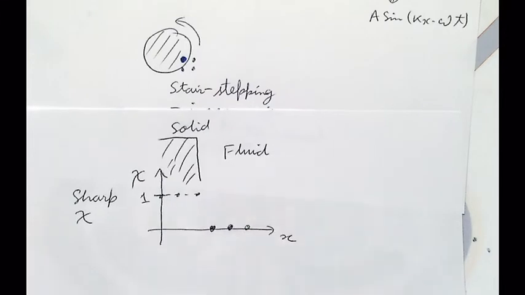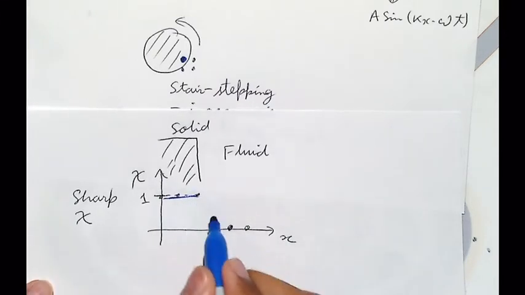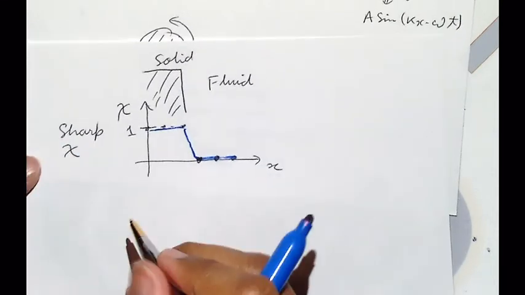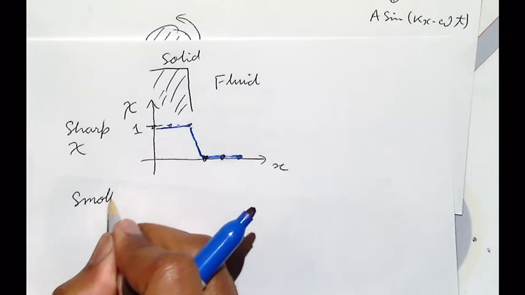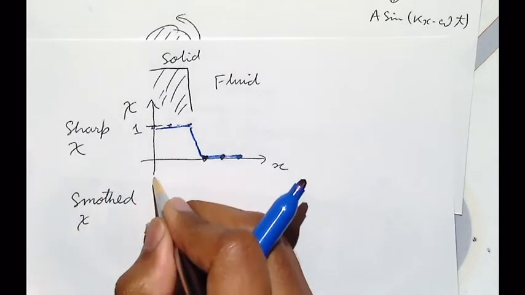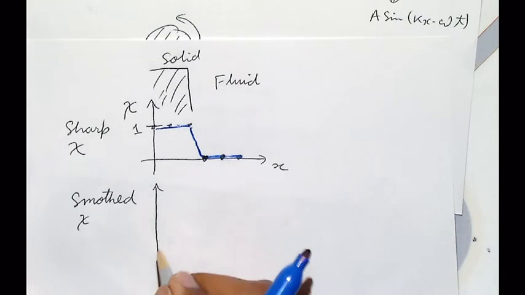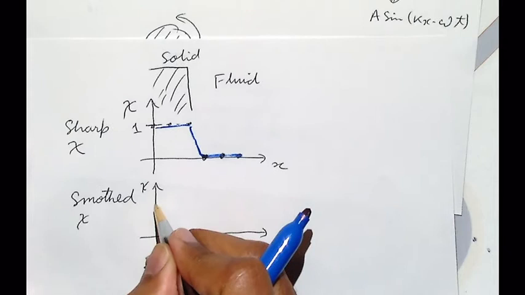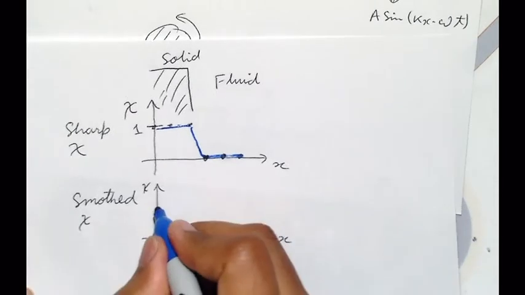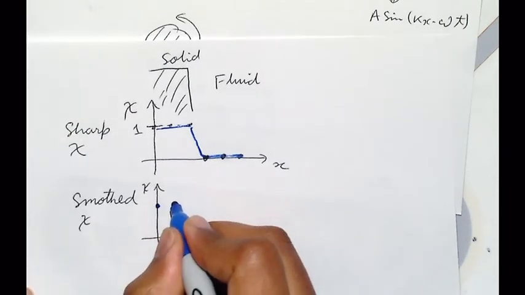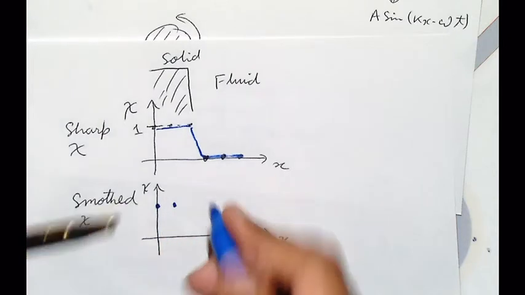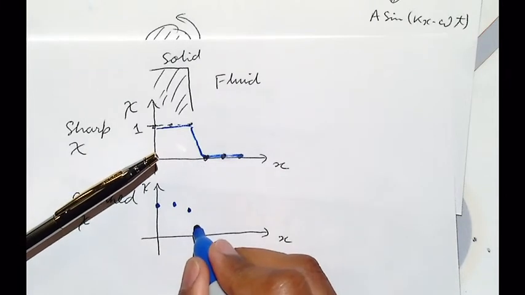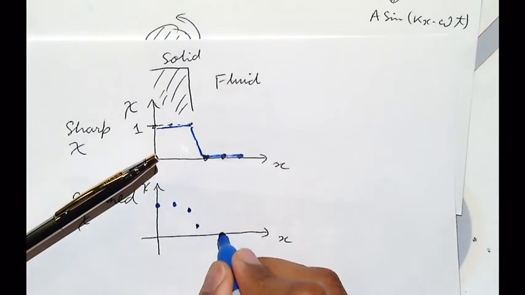So the profile, the change in chi, will look something like this. With a smooth chi, what we do instead is we say, okay, this one stays as 1, 1, and then this will not exactly be 1, it will be, let's say, 0.8. The next one will not be 0, it will be, let's say, 0.3. And then you have 0 and 0.